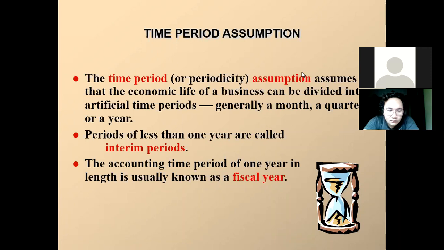Land will appreciate, land will increase. Ito yung example why we need to adjust one particular account. It is the reason why we have an adjustment. Alright. Later, I will discuss kung ano yung mga need to adjust in terms of the accounts.